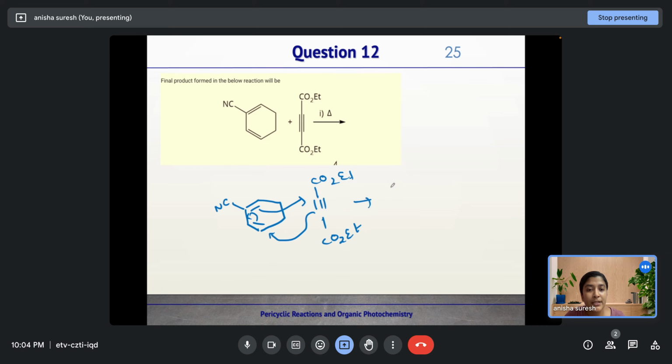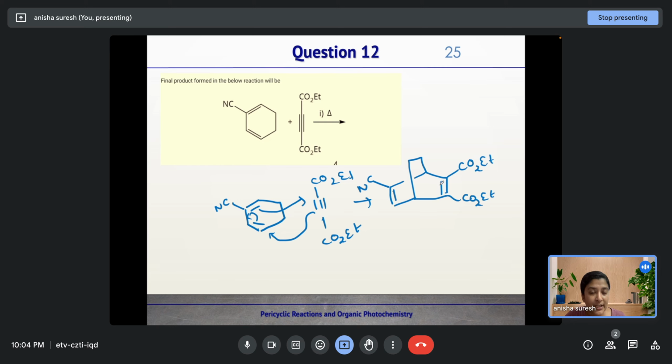So you will get CO2Et, CO2Et, CN double bond. Since a cheletropic elimination can take place, it will give the aromaticity for this system.